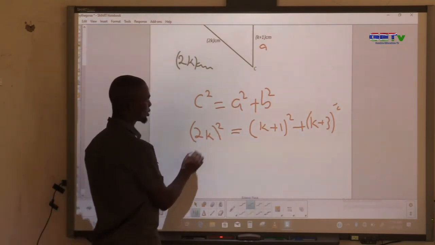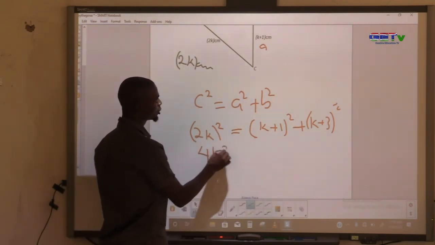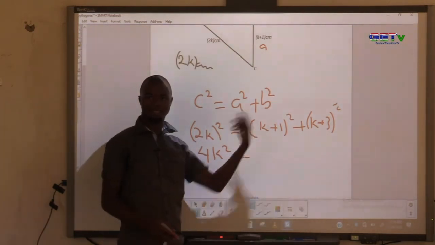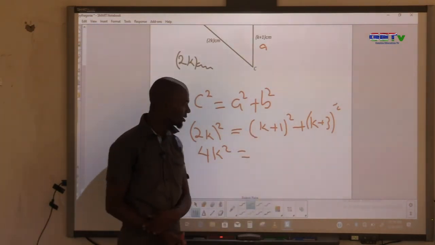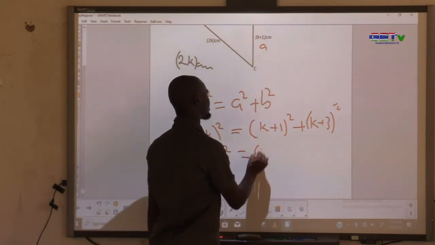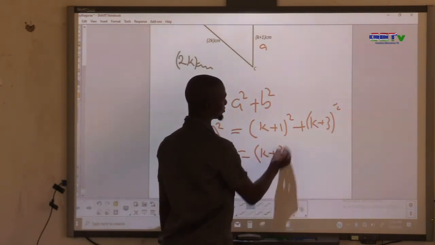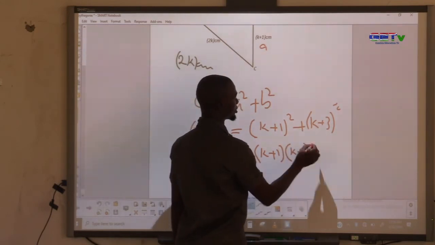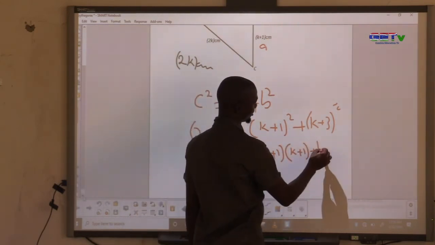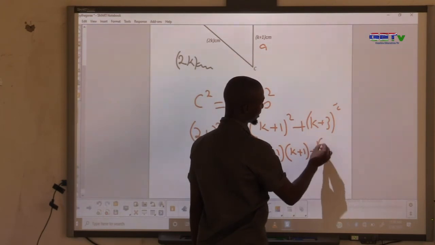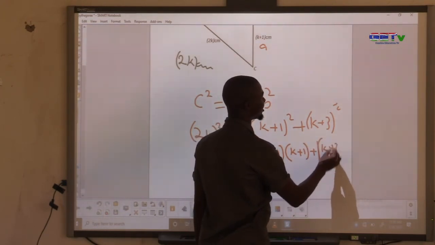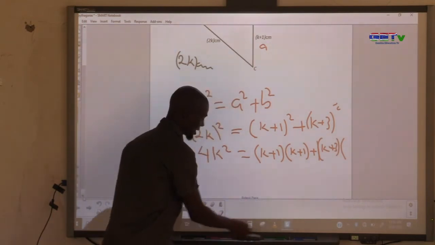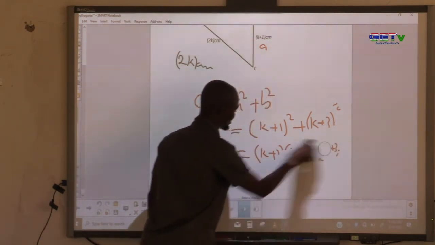So that will give us 4k square. This is equal to, we expand this, k plus 1 times k plus 1, then plus, we expand k plus 3 times k plus 3.